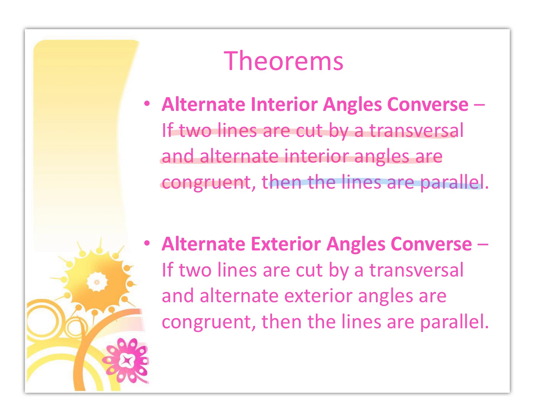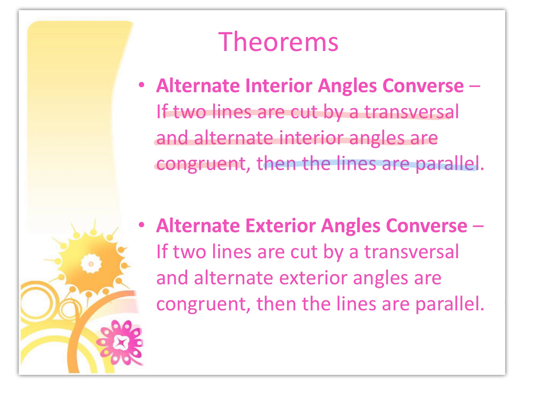So this whole section is really proving that lines are parallel by looking at those different angle relationships and seeing if we can prove that. So again, we go to the third one, alternate exterior angles converse. If two lines are cut by a transversal and the alternate exterior angles are congruent, then the lines are parallel.